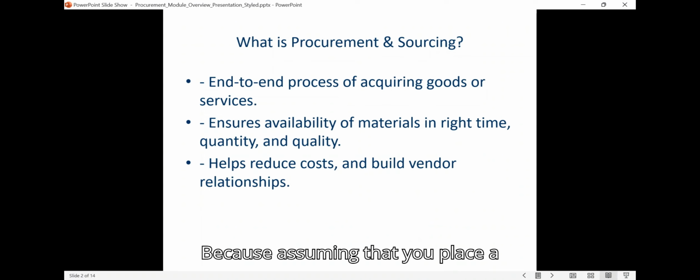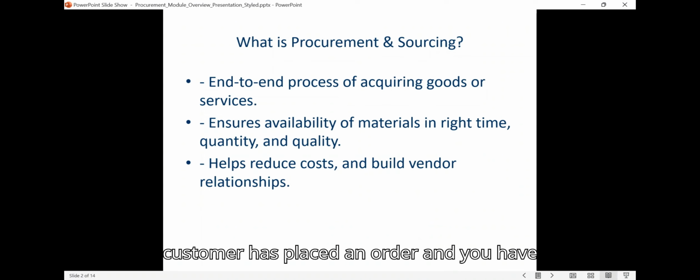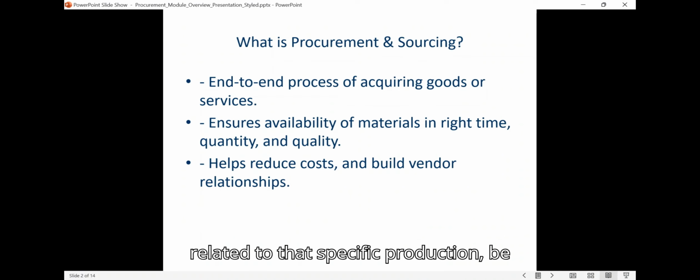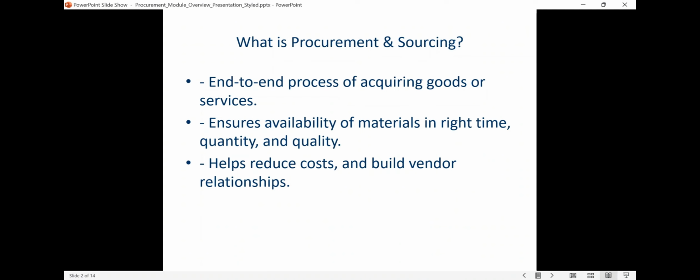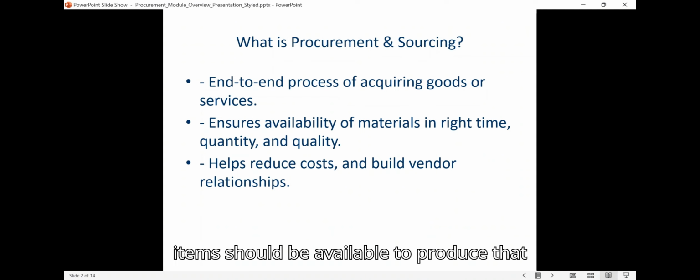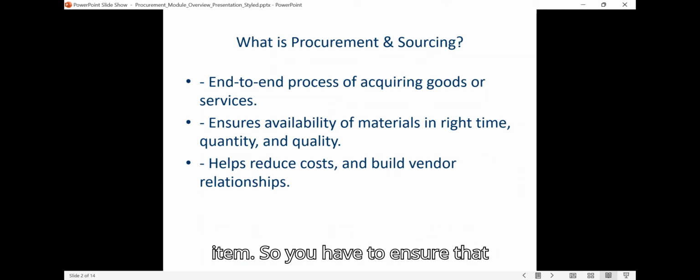Because assuming a customer has placed an order, and you have to produce certain things, you have to make sure all the requirements related to that production, be it raw material, resources, or other non-trade items, are available to produce that item. So ensuring availability of material at the right time, right quantity, and quality is very helpful.